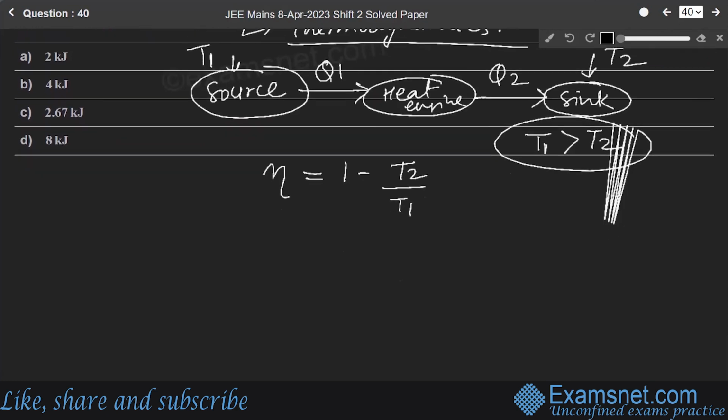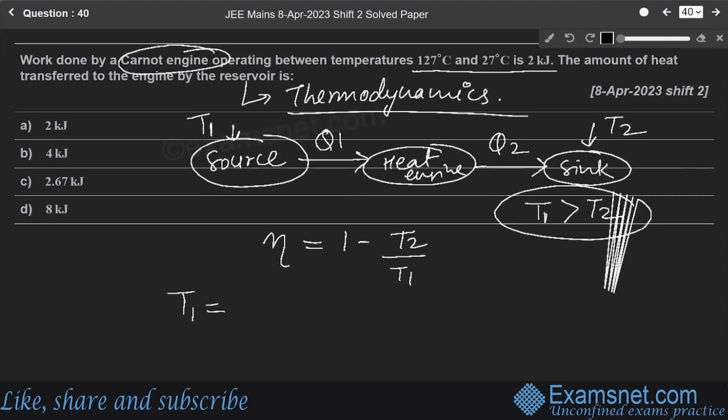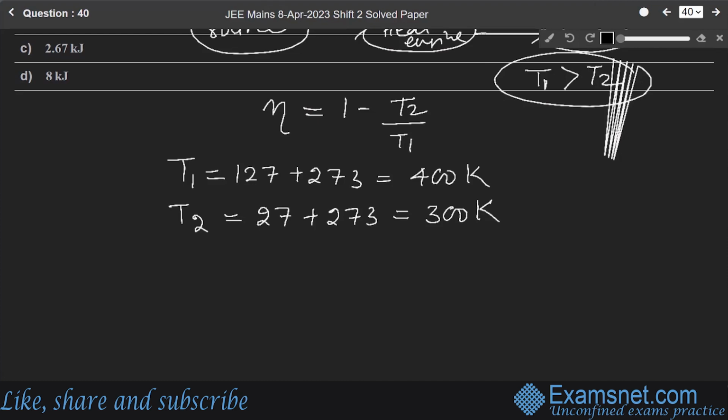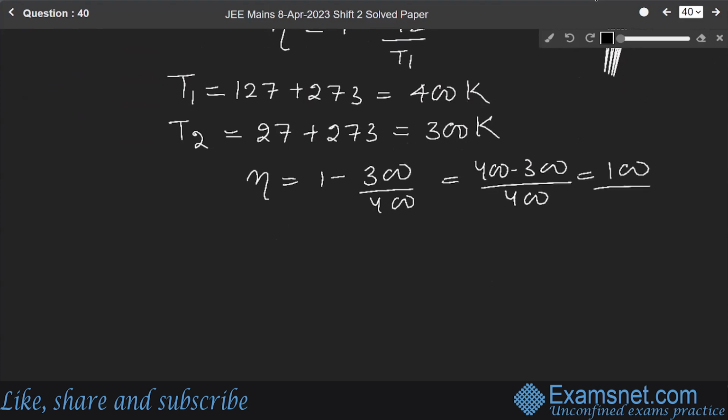Here T1 is the temperature of the source, so T1 is how much? 127 degrees Celsius means 127 plus 273 equals 400 Kelvin, and T2 is 27 plus 273, which means 300 Kelvin. So eta equals 1 minus T2 over T1. It will become (400 minus 300) over 400. It will be 100 over 400, which means 1 by 4.